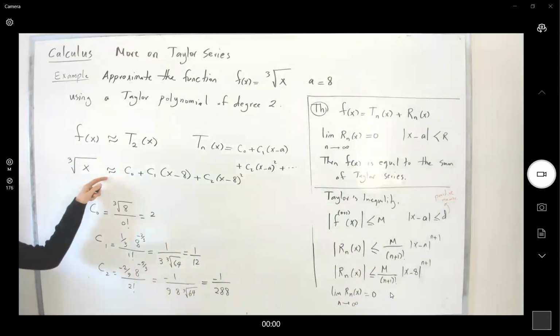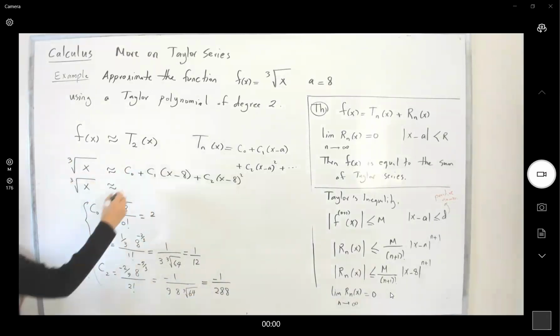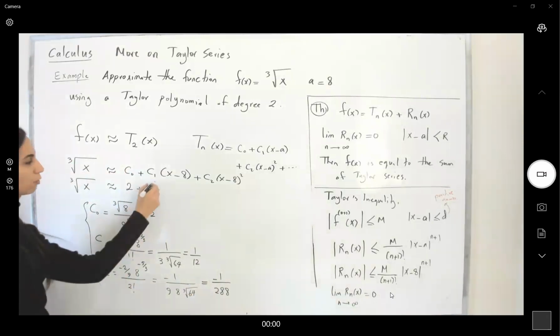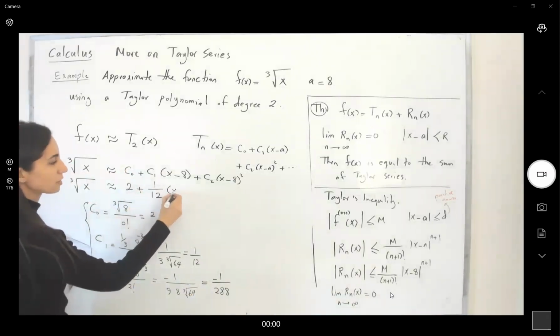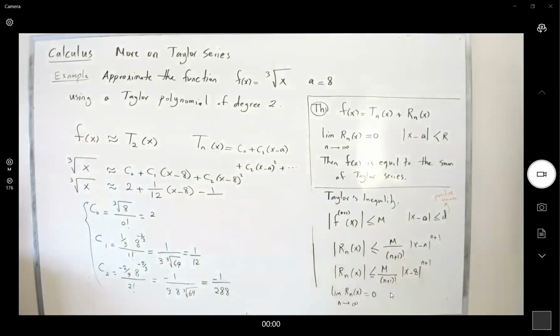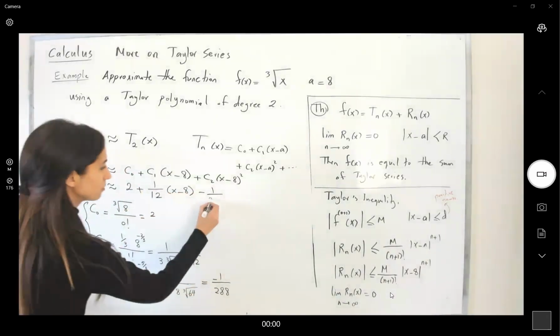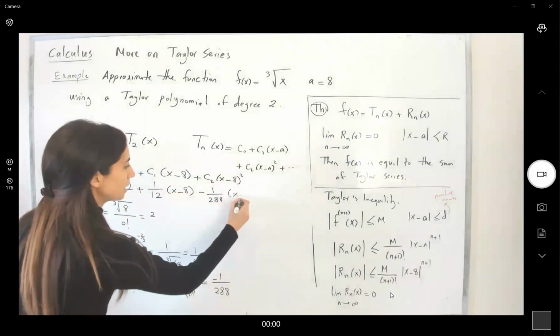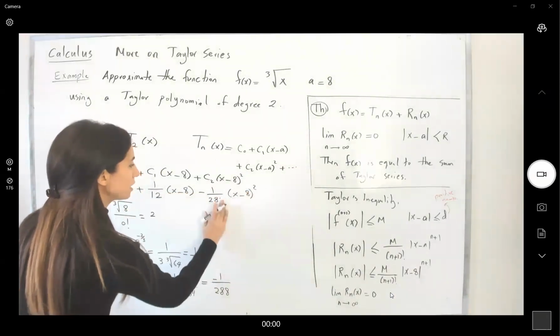We can actually approximate our function. So the third root of x can be approximated by 2 + (1/12)(x - 8) - (1/288)(x - 8)^2.